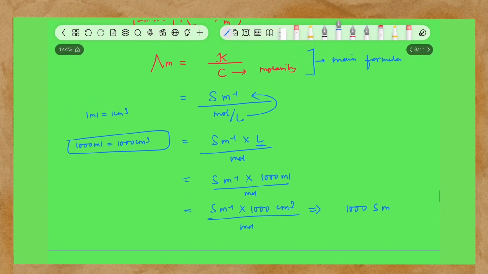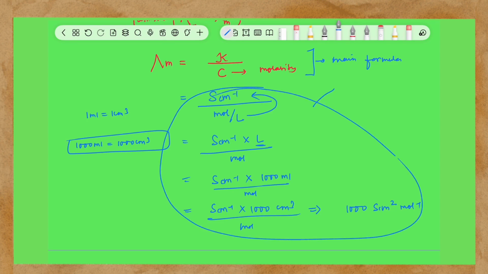One more thing we have to correct here: if kappa is in terms of Siemens per centimeter, then it will become centimeter with power 2 and per mole. So to get units according to our question, we have changed this formula to kappa into 1000 upon concentration, which is equal to molar conductivity.